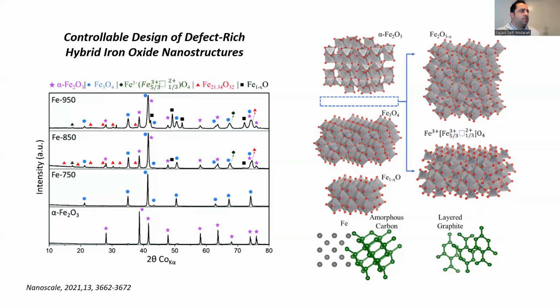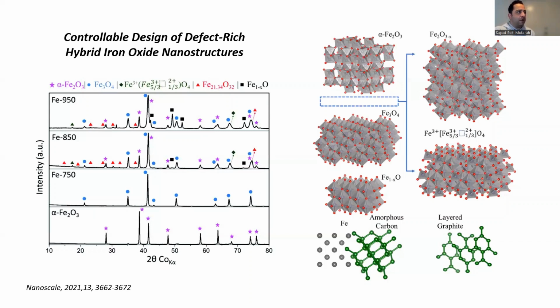And the interesting thing is that Fe21.34 O32, that non-stoichiometric phase, has an electrical conductivity which is much higher than other polymorphs of iron oxide, and that improved the electrical conductivity of the whole system.